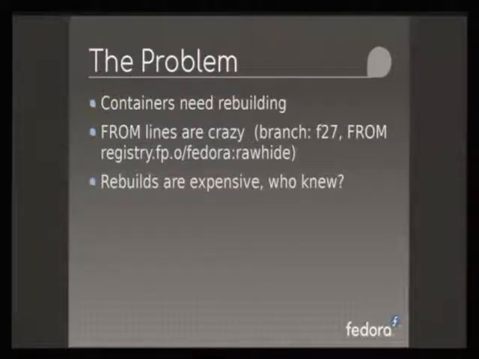One thing that's a little bit specific to Fedora that became a problem was the containers' Dockerfiles have a FROM line. So when you're creating a container, you say FROM Fedora, and you might say it's from Fedora 27 or from Rawhide. And what you're indicating there is which base layer you want to build your container on top of.